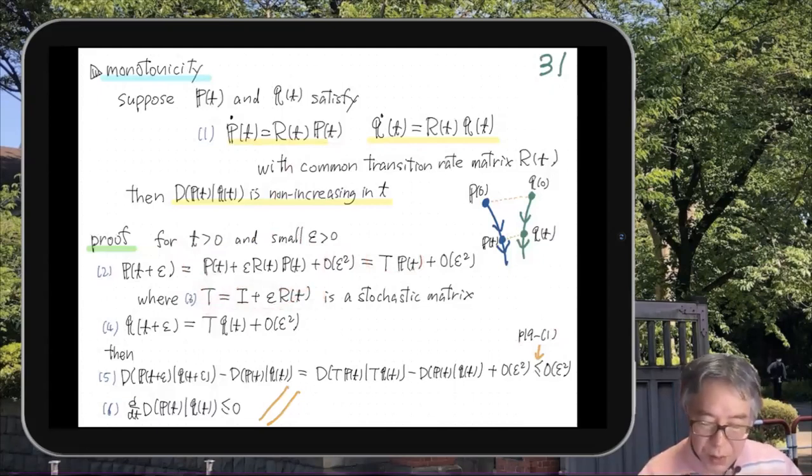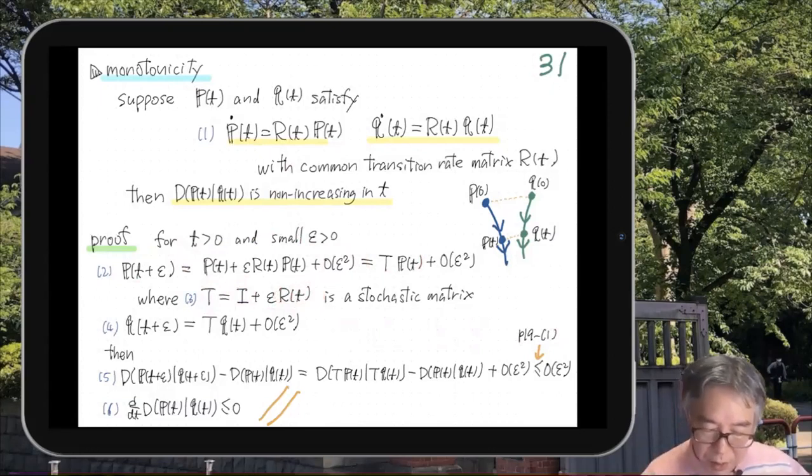First of all, if you sum over the first index, you sum over this to get 1, and you sum over this one to get 0. So this satisfies the condition of a stochastic matrix, and it must have non-negative entries, but that's clear. Off-diagonal elements are non-negative, because R has non-negative off-diagonal elements.